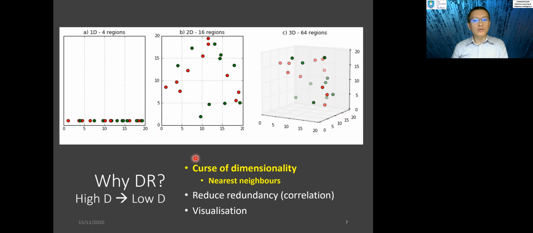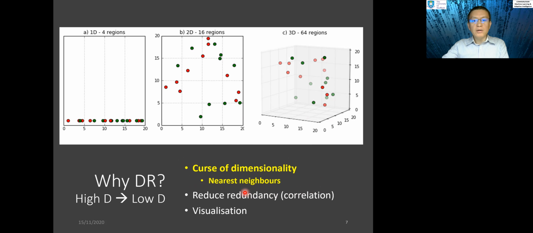So why do we want to reduce the dimension from a high dimensional space to a low dimensional space? The fundamental reason is the so-called curse of dimensionality. This is a fundamental challenge for machine learning.